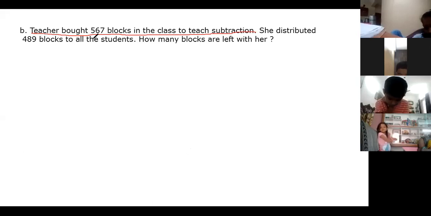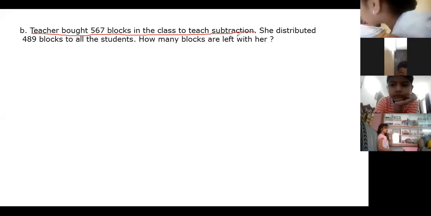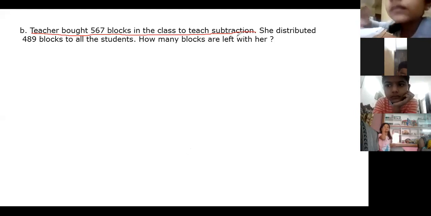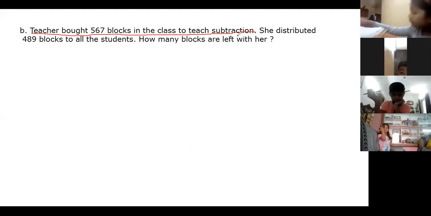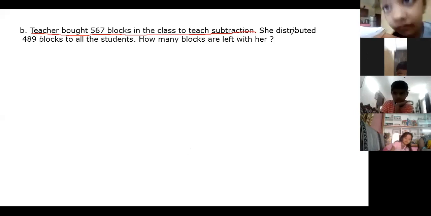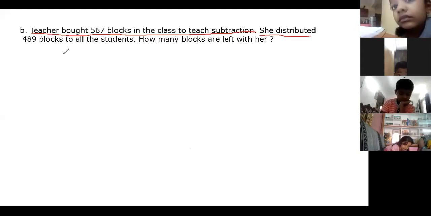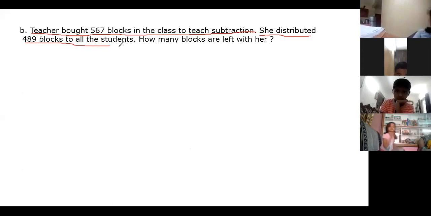So teacher bought 567 blocks in the class to teach subtraction. Maths teacher, obviously she is a maths teacher, that's why she bought 567 blocks in the class to teach subtraction. She distributed 489 blocks to all the students. Out of 567 blocks, total number of blocks were 567.